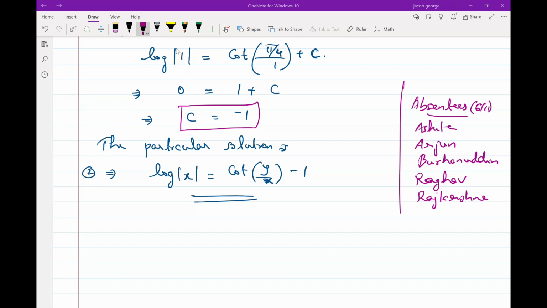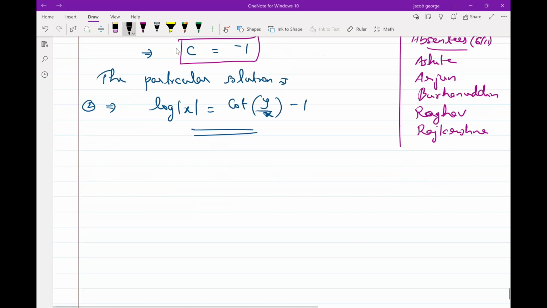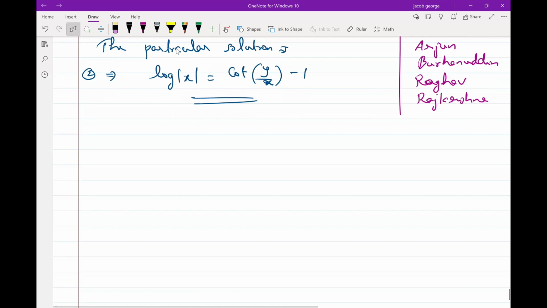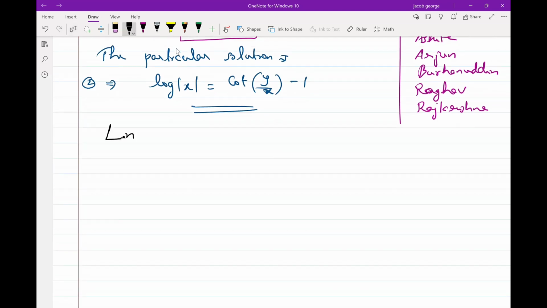All right, children, please write the subheading: linear differential equations.